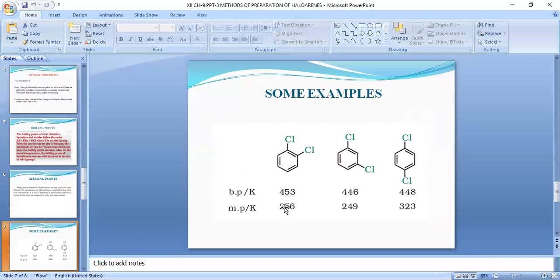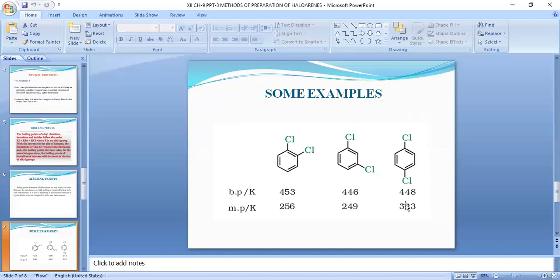But if you look at their melting points, then you can easily observe that the melting point of the para dichlorobenzene is very large as compared to the melting point of the ortho and meta derivatives.